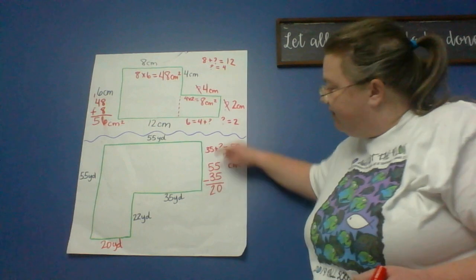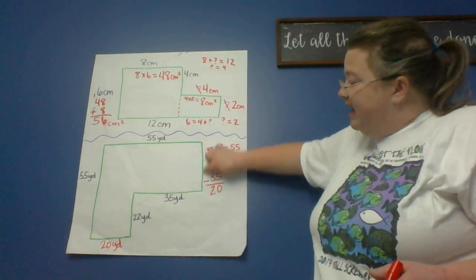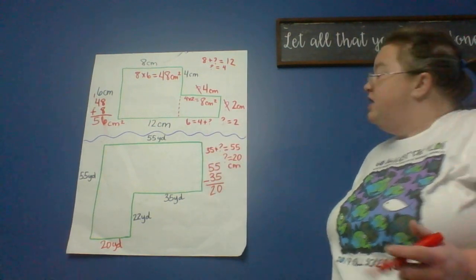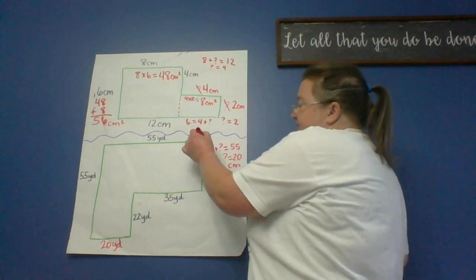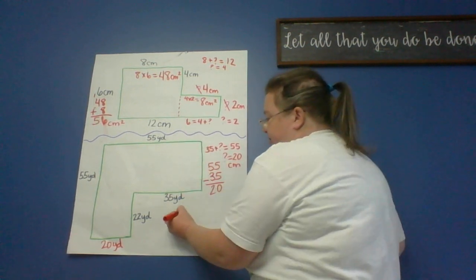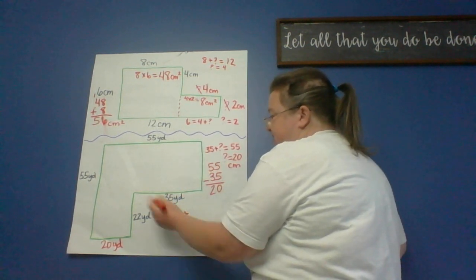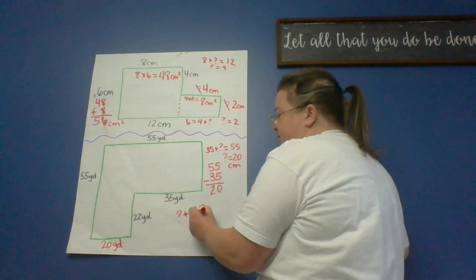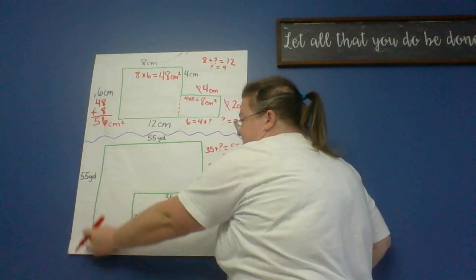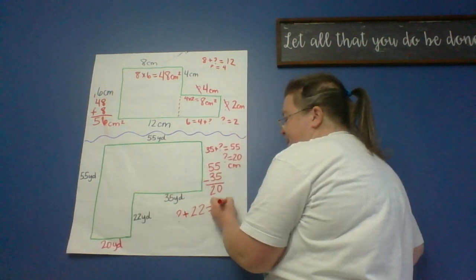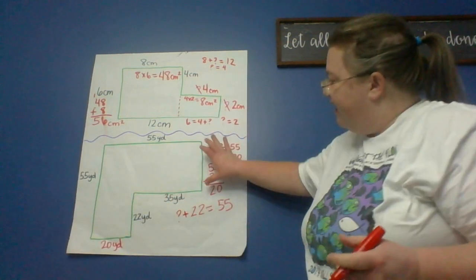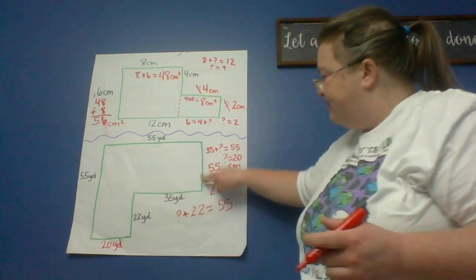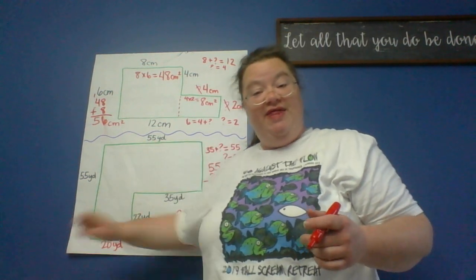Now, I shouldn't have drawn over here, but I need to figure this one out. Okay, so let's see. This side length that we don't know plus this side length that we do, 22, equals this entire side. Okay, because if we have this piece and this piece, we're going to have the same length as we do on that side.